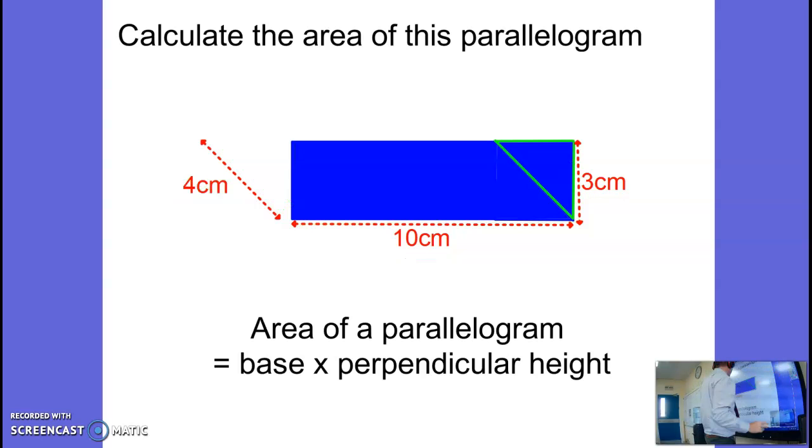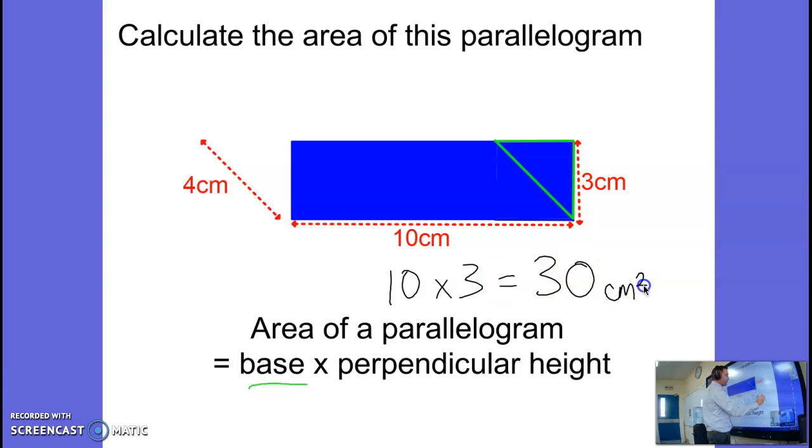So the area of parallelogram, this is the formula that you need. It is the base, in this case 10 centimeters, multiplied by the perpendicular height, in this case 3 centimeters. So 10 times 3, and my area here will be 30 centimeters squared. It's an area, centimeters squared there.